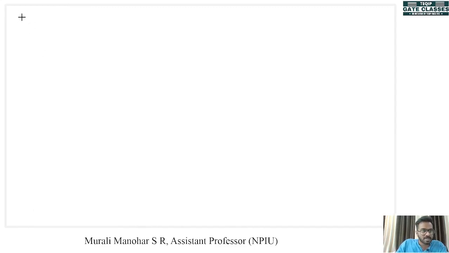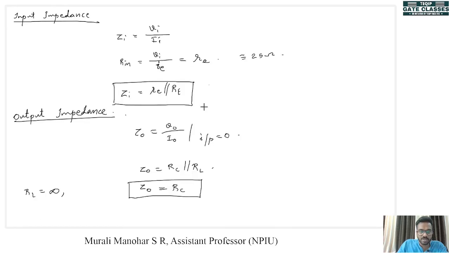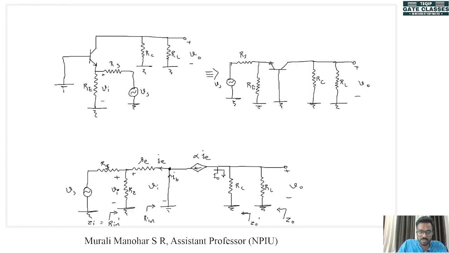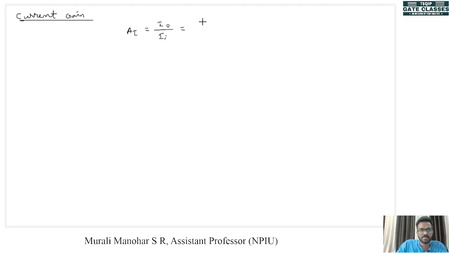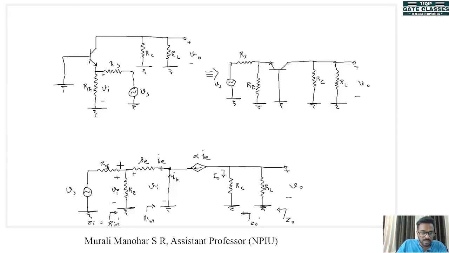Now the last parameter is the current gain. AI is equal to I out divided by Ii. We know that I out is nothing but minus alpha IE, and Ii can be approximated to IE, because this is a low resistance, so most of the current will flow here only.